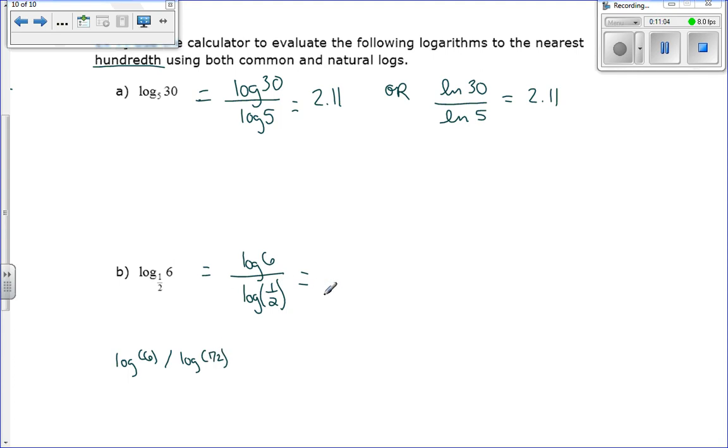And when you do that, you get negative 2.58. Or I can use the natural log of 6 divided by the natural log of 1/2. And again, if I put that into the calculator, I still get negative 2.58. So when you're actually using the change of base formula, it doesn't matter if you remember it with regular log or with natural log, you will get the same answer either way.